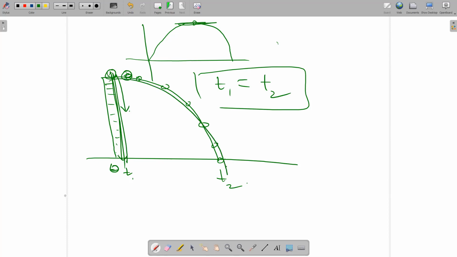Why? Because both balls feel the same force in the vertical direction. Here the horizontal is this one, and this is vertical. Only the vertical force moves it down, not the horizontal. So remember that both balls will fall in the same time.